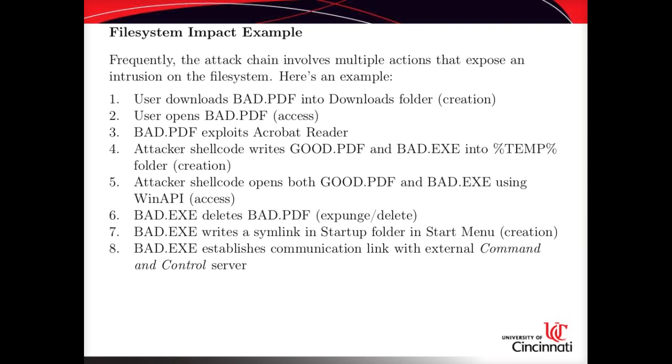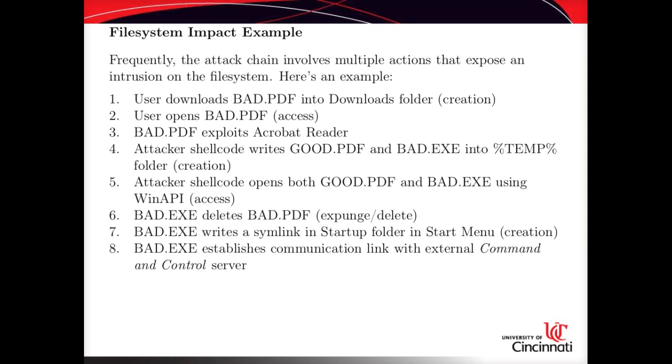If we just look at the attack and ignore the parentheticals I've got up here, the user was given a link to a bad PDF file, hosted on the internet somewhere. They click the link and download the PDF into the downloads folder.